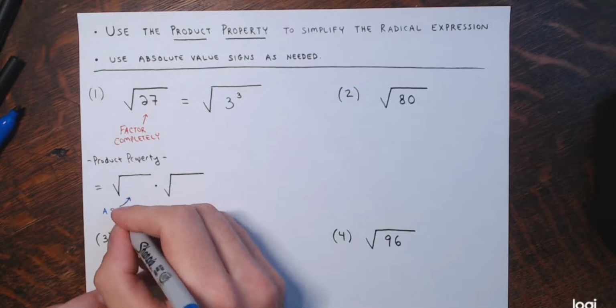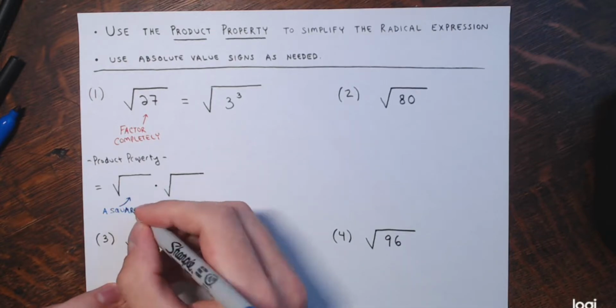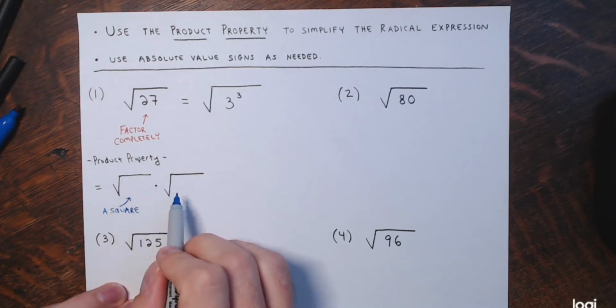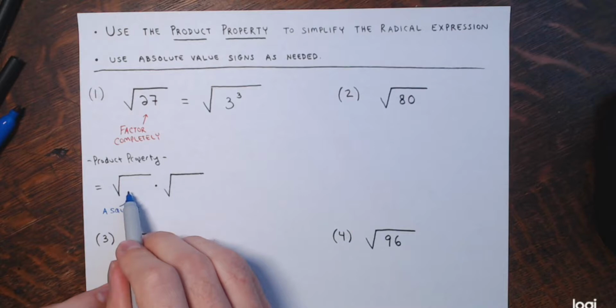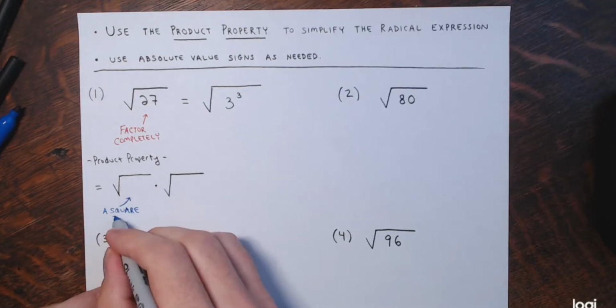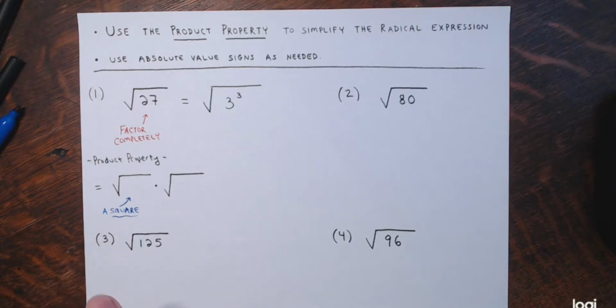We'll get to cube roots later. When I do this with cube roots, in one of the radicals I'll want a cube, and if I do it with fourth roots, I'll want a fourth power. So remember, a square is just any expression that can be written to the second power. All right, pay attention to your index.